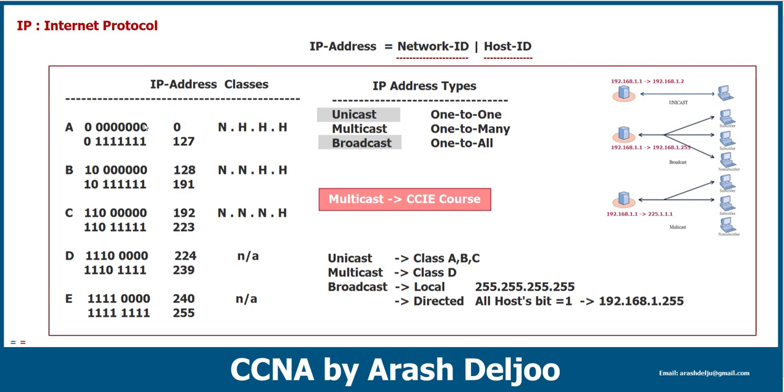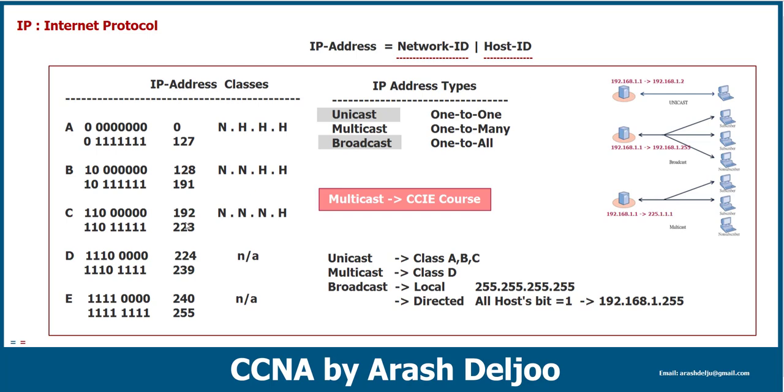As you know, we have 5 classes of IP address: A, B, C, D, and E. If we find in the first octet of an IP address in dotted decimal notation a number between 0 and 127, that is a class A IP address. If we find in the first octet a number between 128 and 191, that is a class B IP address.